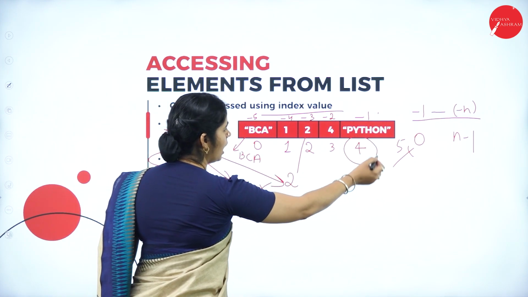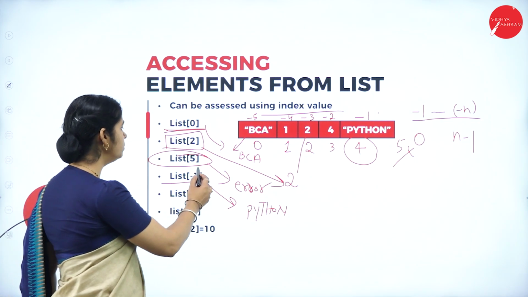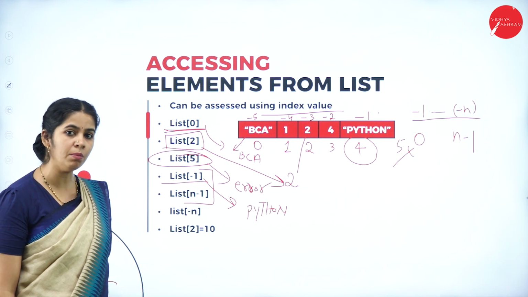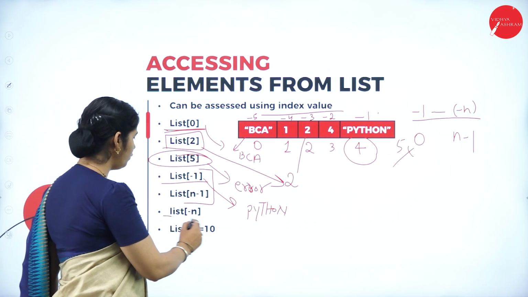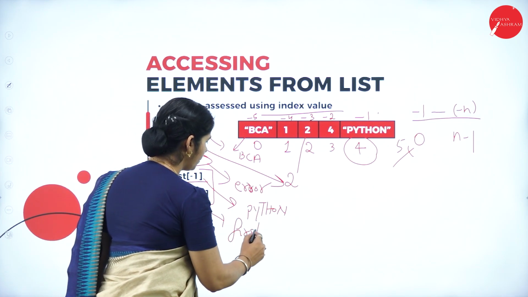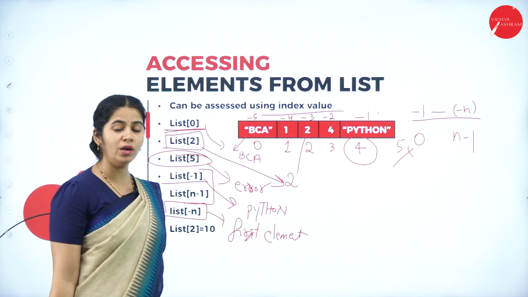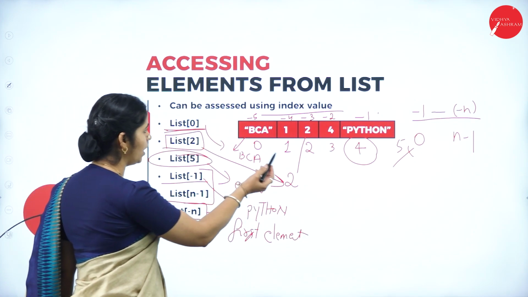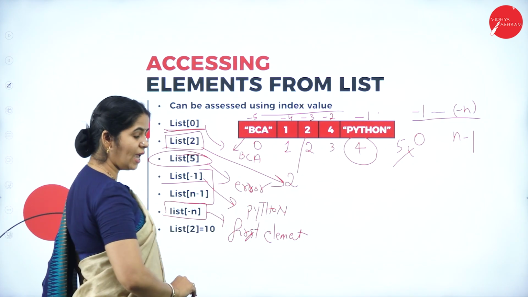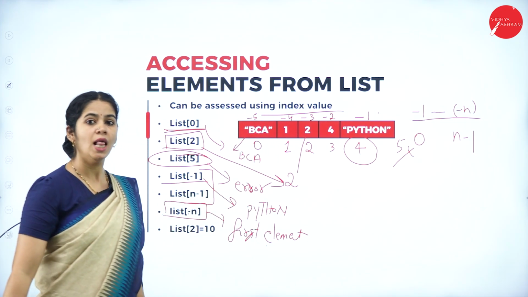It means this is the last element we are supposed to access. Both instructions will display the same element. Then list of -n will give you the first element of the list. As we are going with negative indexing, it starts with -1 to -n.